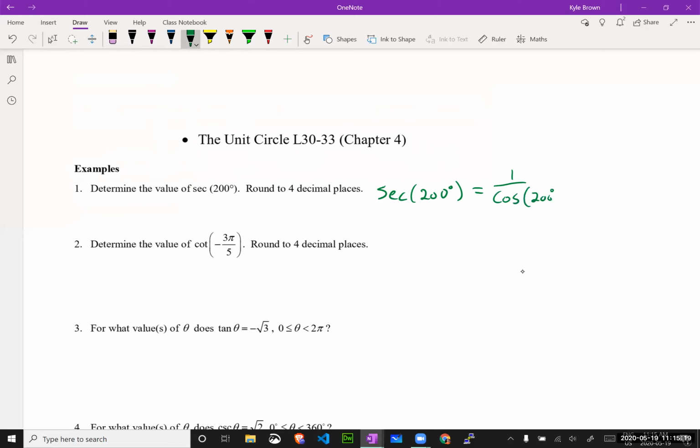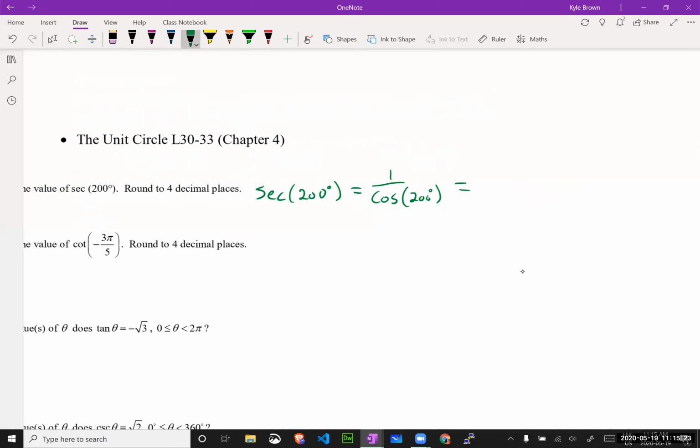Those are the same statement. So then you would actually just put this in your calculator just the way you see it there. 1 over cos of 200 degrees. And that's going to give you negative 1.0642. Okay, so 4 decimal places.